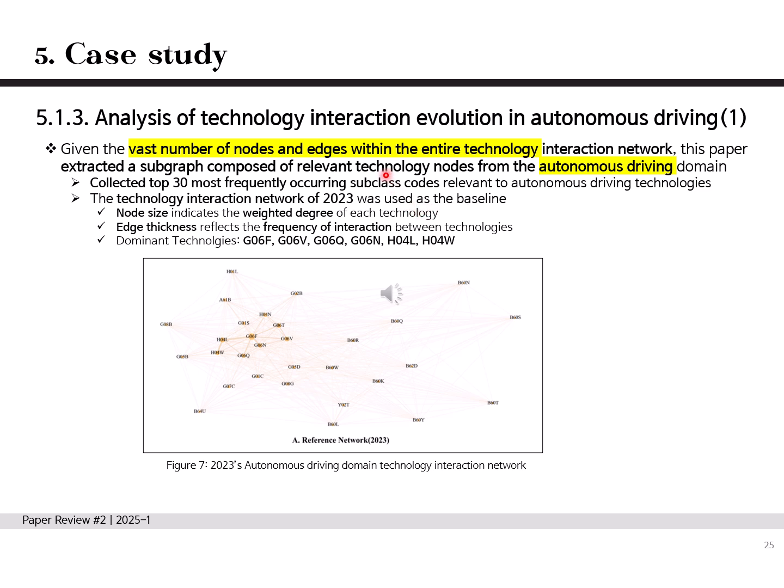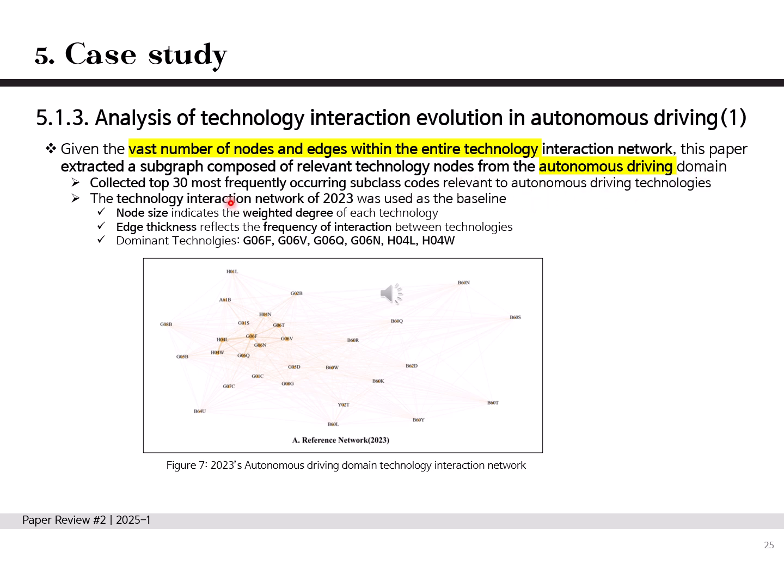And in this paper, they picked one domain, which is autonomous driving, because of the vast number of nodes and edges within the entire technology interaction network. So they extracted a subgraph composed of the relevant technology nodes from the autonomous driving domain.